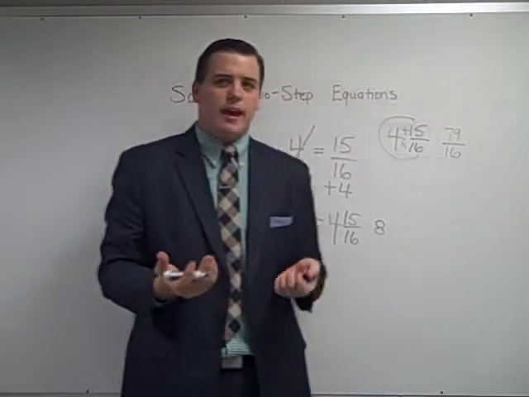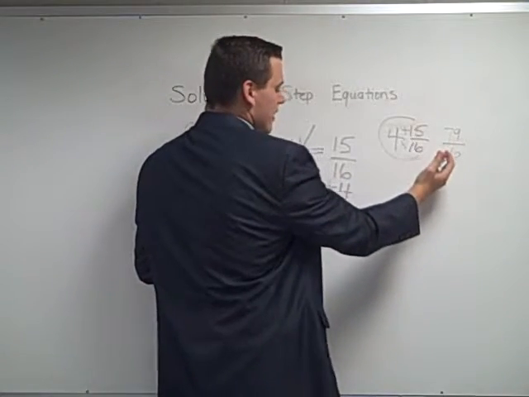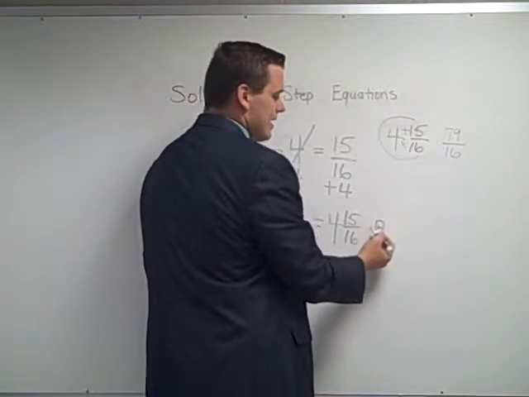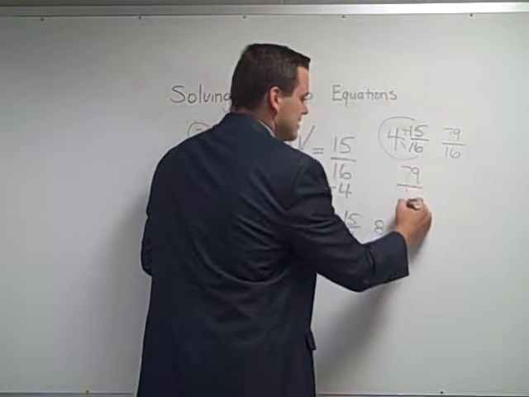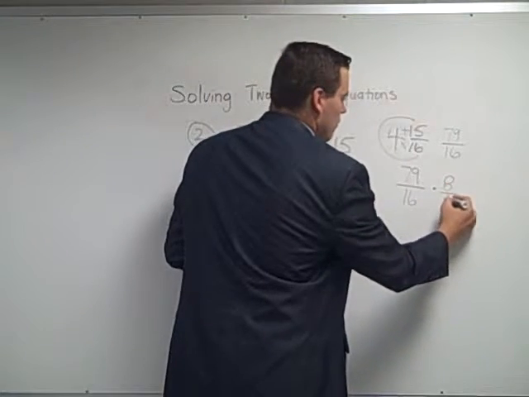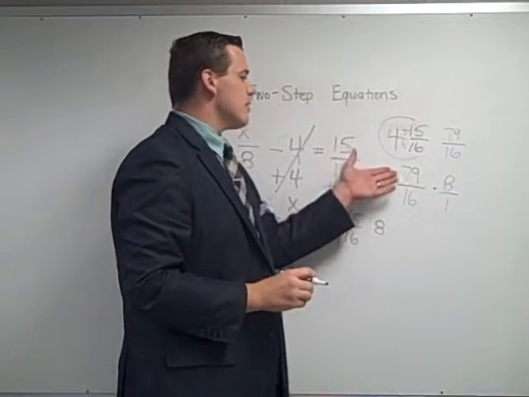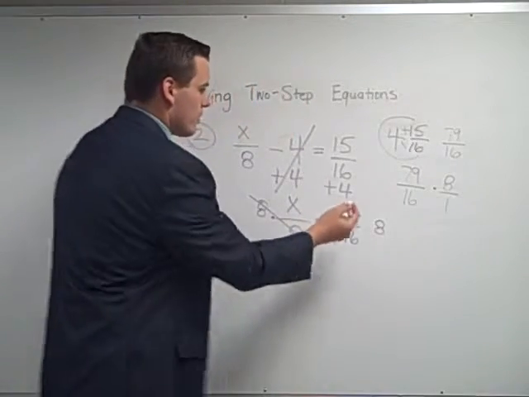And that's the number that I have. So I now have this as an improper fraction. So now I can multiply easily times 8. I'm going to step down here. 79 over 16 times 8 over 1. Now this is a very large number, 79 times 8. So I'm going to work it over here real quick.